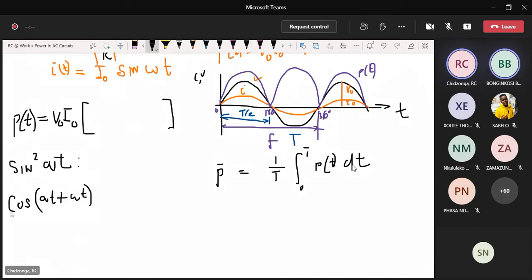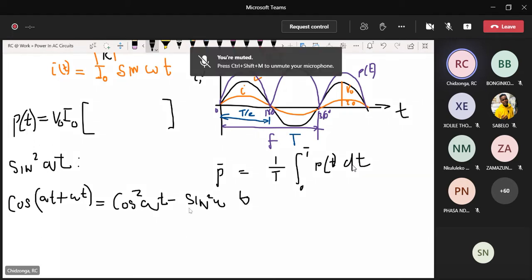This is like saying cos(A plus B), which is going to give us cos A cos B minus sine A sine B. Because A and B are the same, this will give us cos squared omega t minus sine squared omega t, like that.